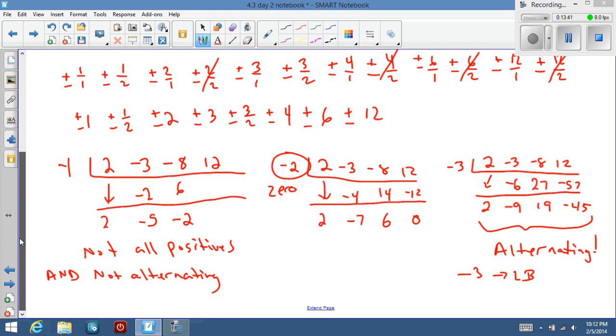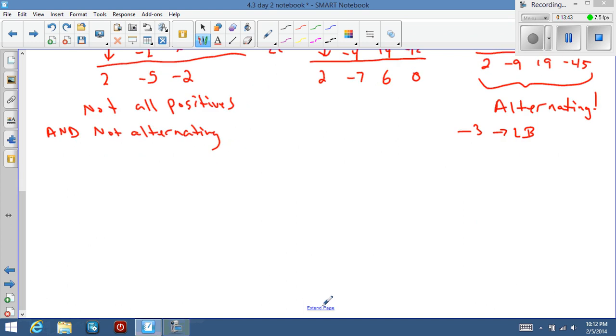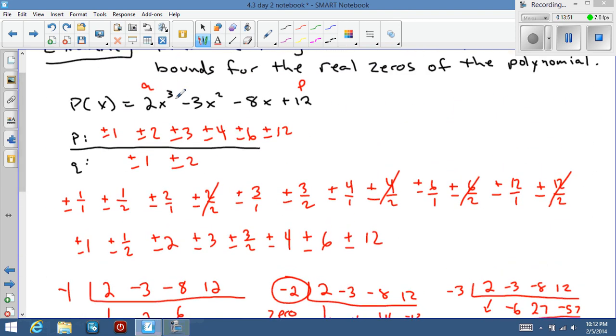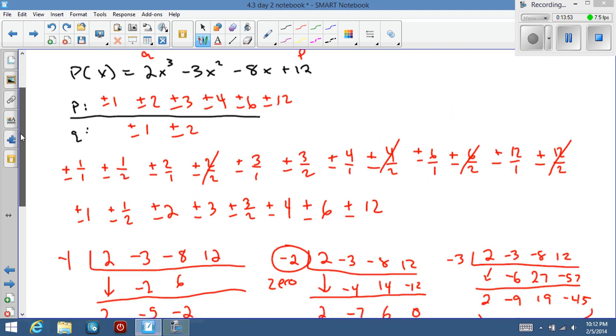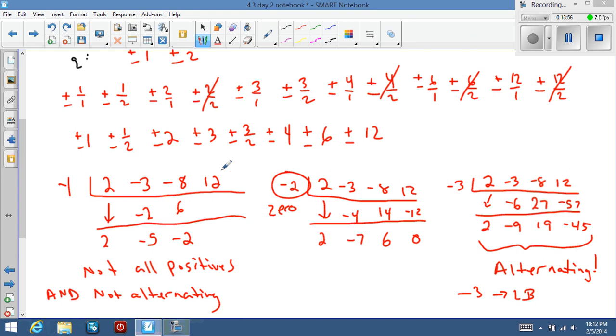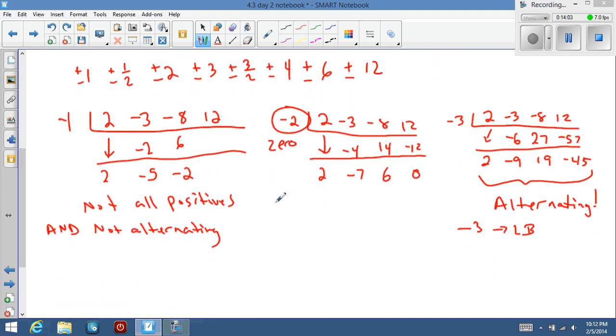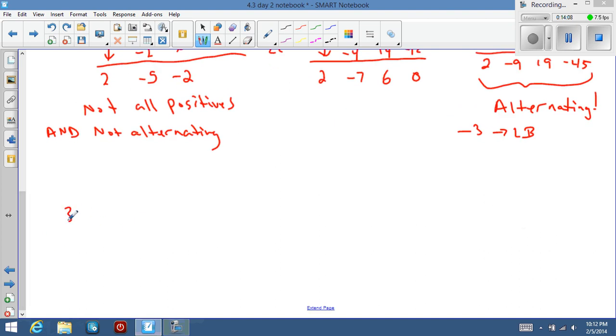Okay, now I have found the lower bound. Now let's look for an upper bound. Since my exponent is 3, I have a 0 at -2, and my lower bound is -3, so I've definitely got to go above 0. I'm going to give myself a little bit of flexibility, and I'm going to go ahead and try 3. And I have 2, -3, -8, and 12.